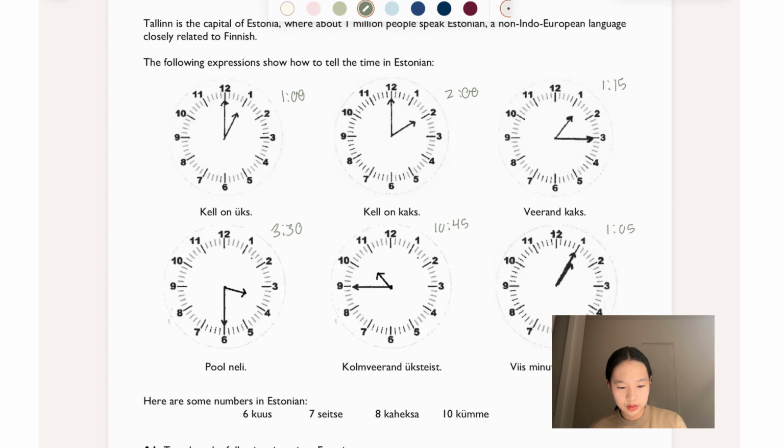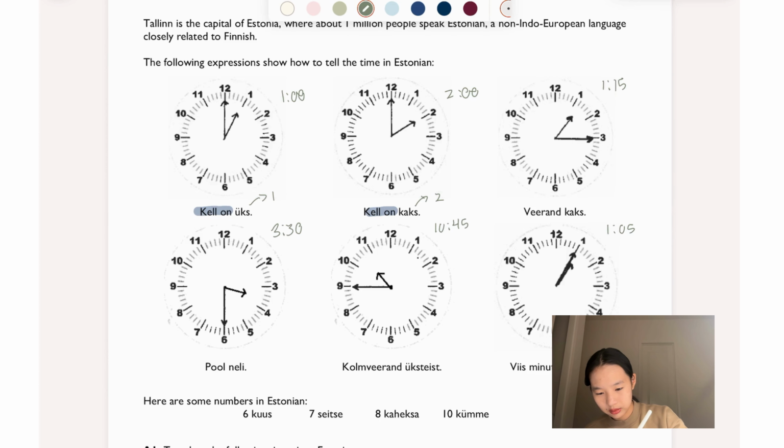And first I see that the 1 o'clock and 2 o'clock, since they're both on the hour, they both have the kel on, which I'm assuming means it's exactly the hour. And then ux would probably correspond to 1, while cox is 2.